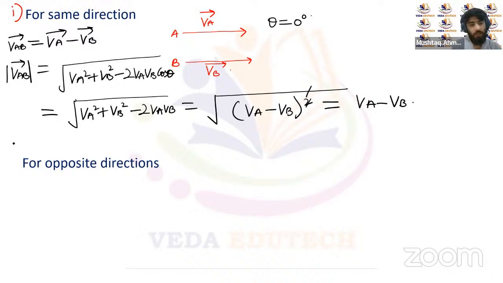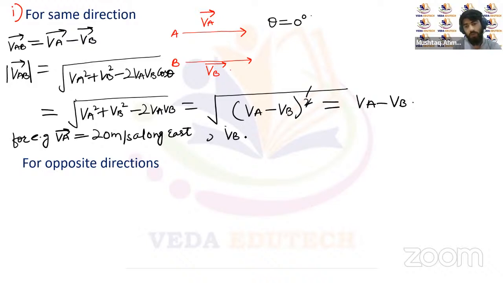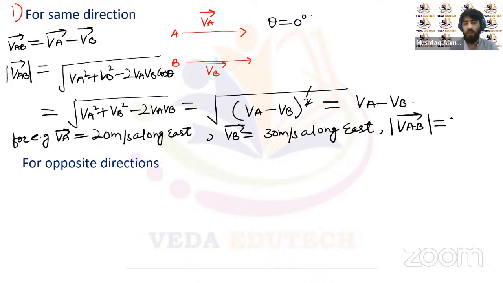It means that, for example, if VA is equal to 20 meter per second along east, and similarly VB is equal to 30 meter per second along east, then the mod of VAB, that's the velocity of A with respect to B, will be equal to 20 minus 30, that is minus 10 meter per second, right?